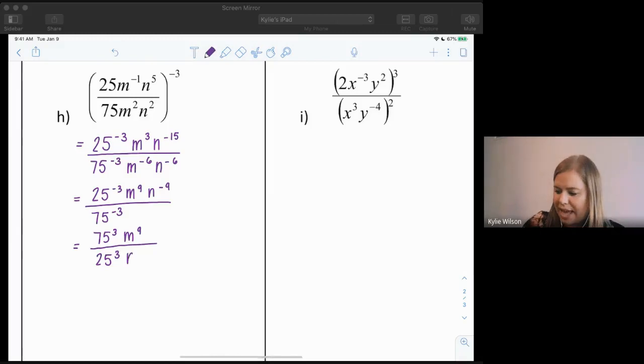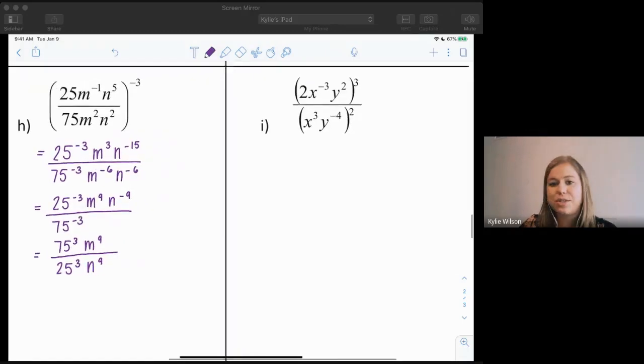But my n will need to move down here to have a positive exponent. And you can go through and expand that 75 cubed and that 25 cubed and reduce it. But just for the purposes of time, I'm just going to leave it there for right now, just so that we can move on to the next one and you can get started watching the video that's after this.